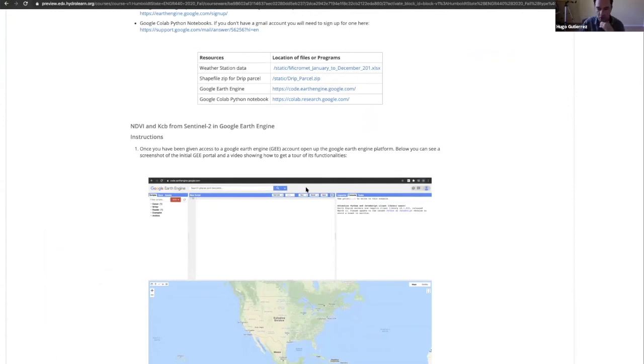Although they are not required to be experts in programming, it would be good to have some notions. So this is more geared towards senior undergraduates and graduate level students.